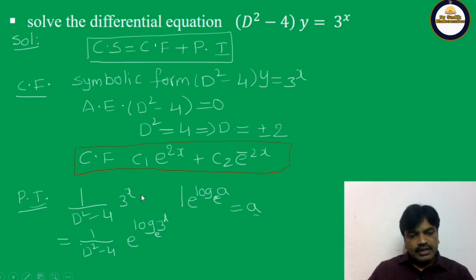So this 3 power x can be written as e power log 3 power x to the base e. Now we have a formula, friends: 3 power x can be written as x into log 3. So 1 by (D square minus 4) into e power x log 3.